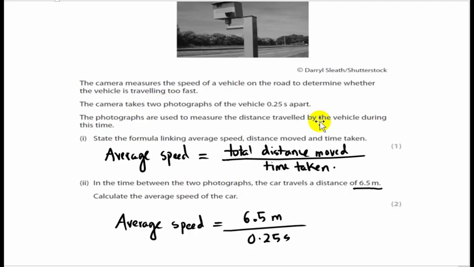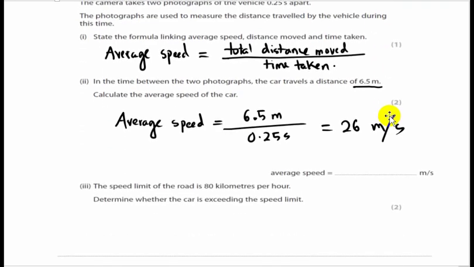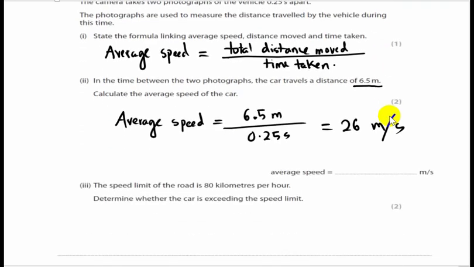So after calculation, 6.5 divided by 0.25 second is 26 meter per second. 26 meter per second is the average speed. So the answer is 26.